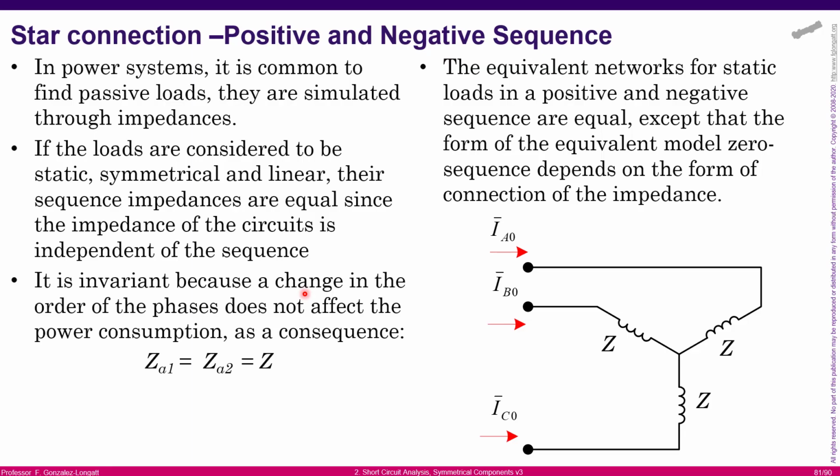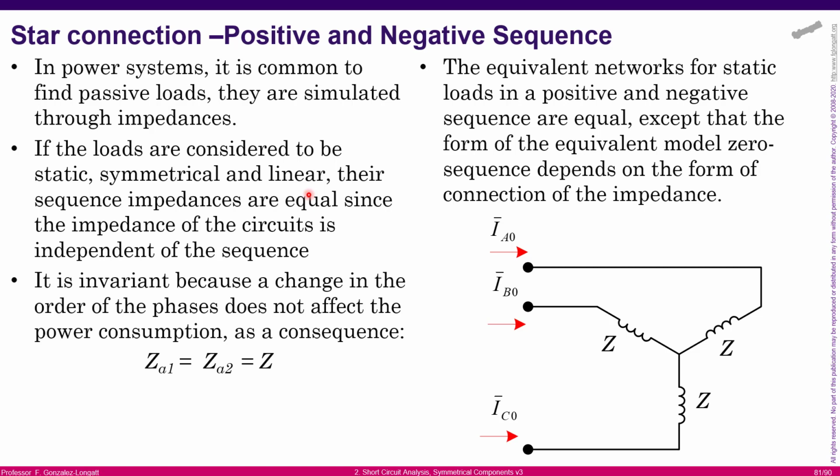As I said before, in this case, we are just focusing on static loads that can be represented by impedance. Because they are represented by impedance, they follow the linear rule, Ohm's law.